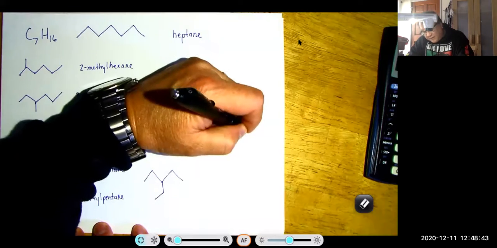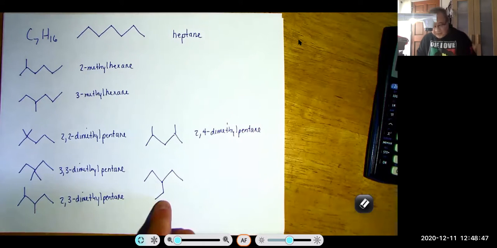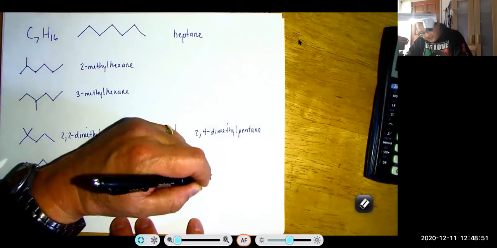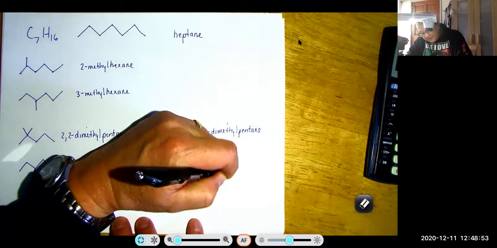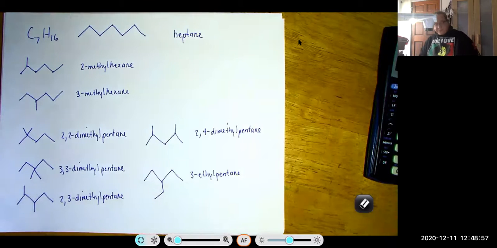So those are all of the dimethyl pentane possibilities. And then there's this guy, which is called 3-ethyl pentane, because a 2-carbon unit like this is called an ethyl. Okay, so these are all the 5ers.